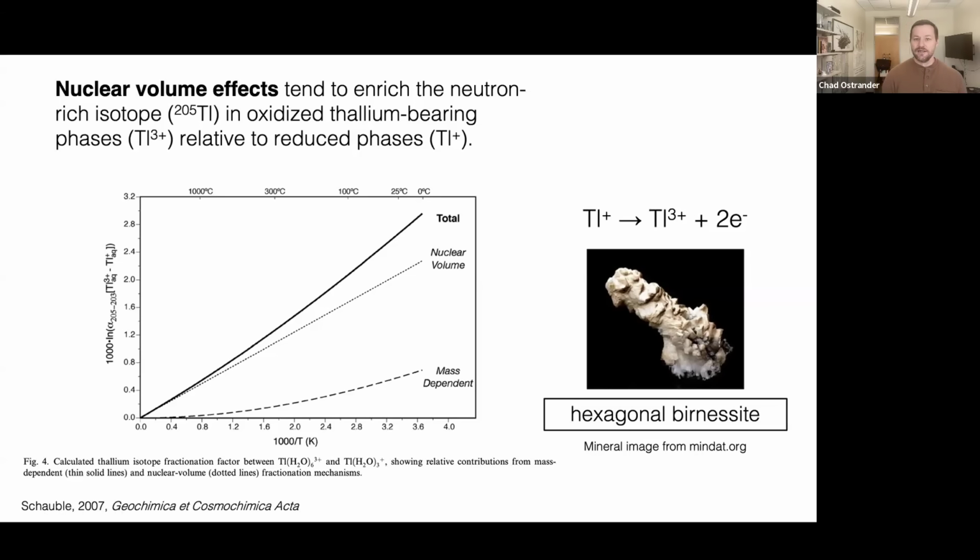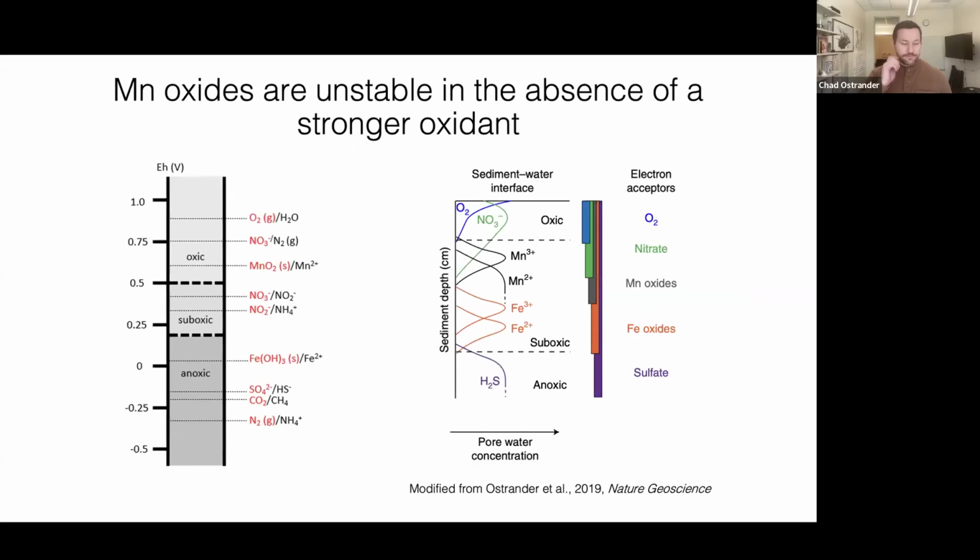If you can oxidize thallium(I) to thallium(III), you can kick in this nuclear volume field shift effect that can drive these large fractionations. And this just so happens to happen with some manganese oxide minerals. Specifically, hexagonal birnessite is a mineral that has vacancy sites large enough where thallium can get in and be oxidized to thallium(III), and this mineral drives a huge 20 to 30 per myriad isotope fractionation effect.